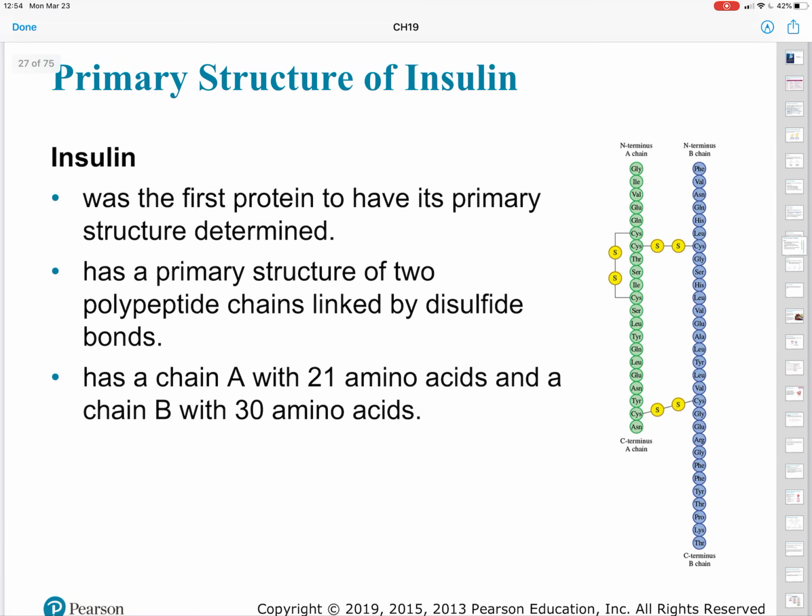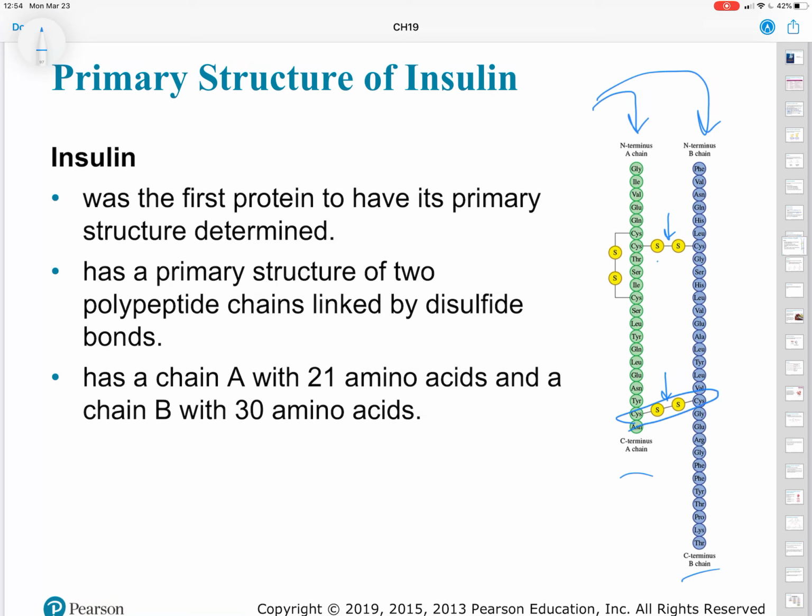Here's insulin. Insulin's small enough that we can show you everything in one go. So insulin is actually made up of 2 chains. So you can see here, it's actually got 2 N termini and 2 C termini. So 2 different protein strands. They're linked together by 2 disulfide bonds.